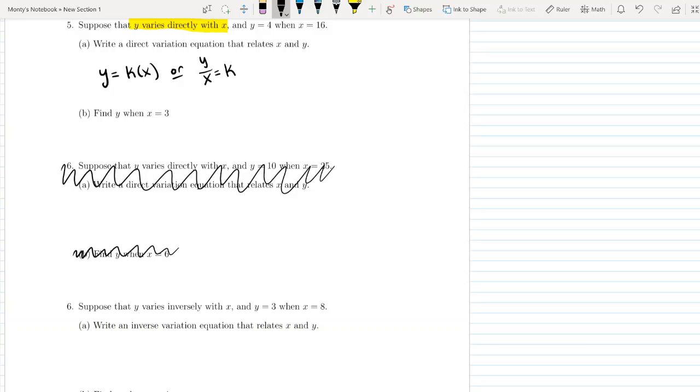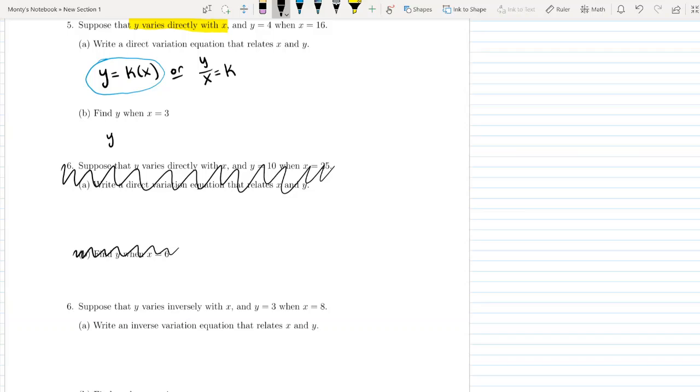So notice here, we need to find y when x is equal to 3. But we need to figure out what k is, because notice, if we were to plug this in here, let's just show you why we need to find k.